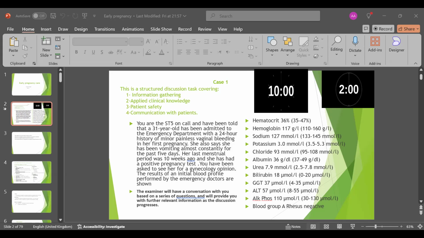Sir, you mean to present a task? Yeah, not present, to discuss a task or share a task with me. So he will do the role of the candidate, and I will do the role of the examiner.